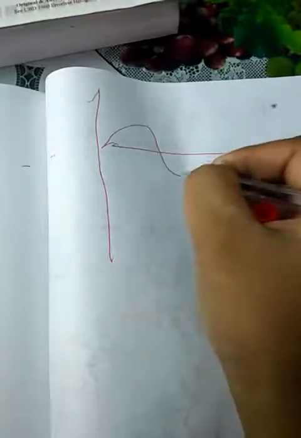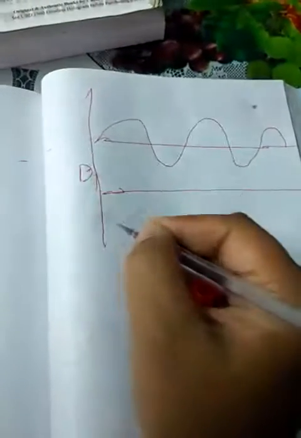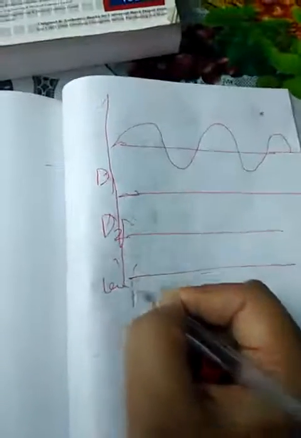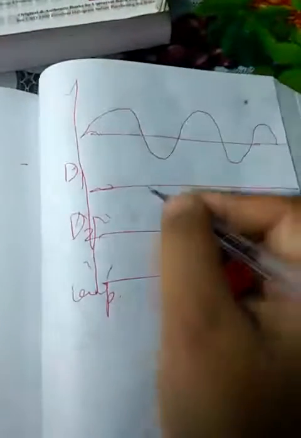Let us say we draw this kind of graph. This is the input which we are going to supply. Now this is the output for D1, this is the output for D2, and this is the combined output. For the first diode, the output will be like this. Only one kind of output will be there for each diode.